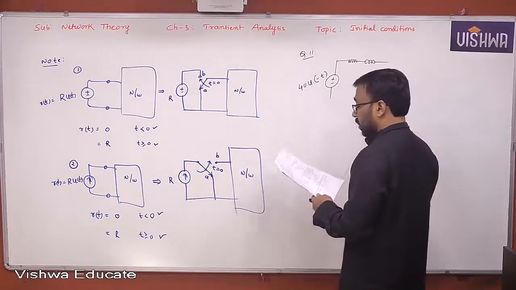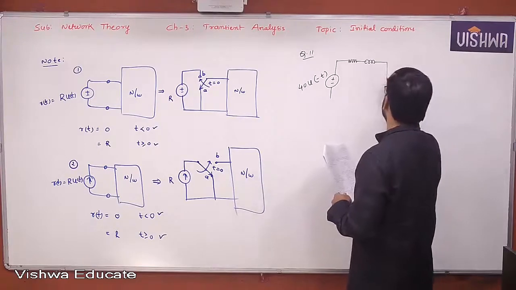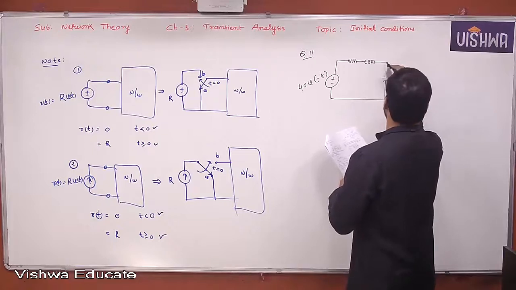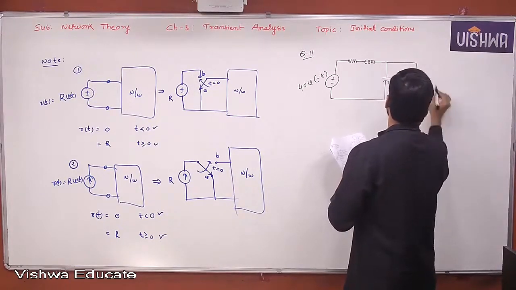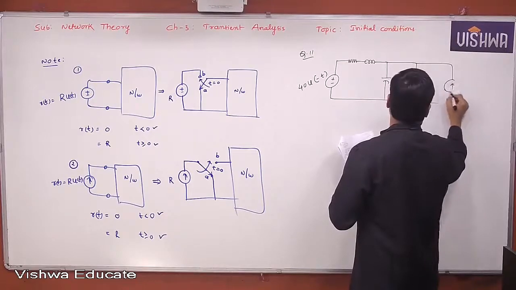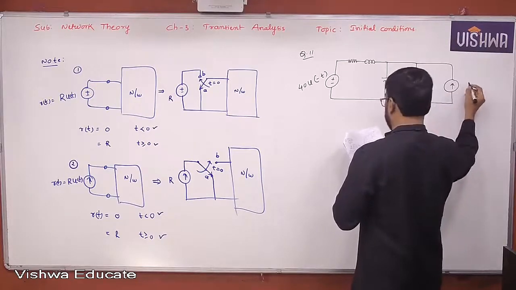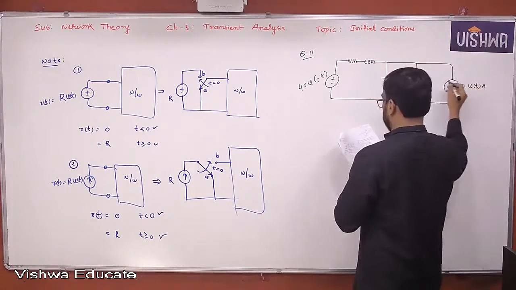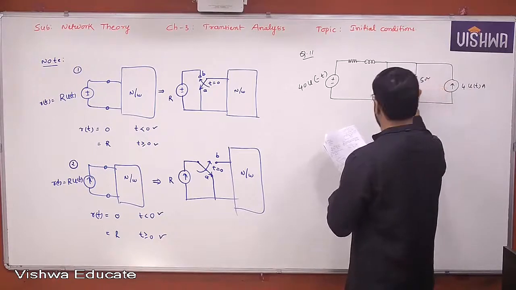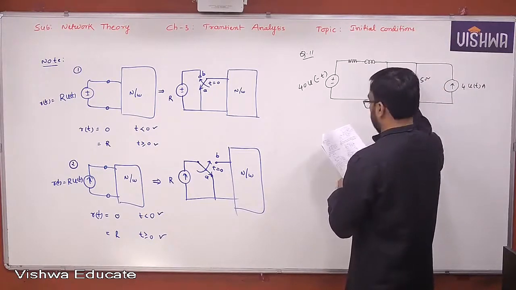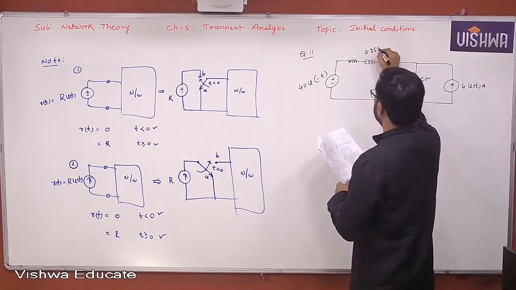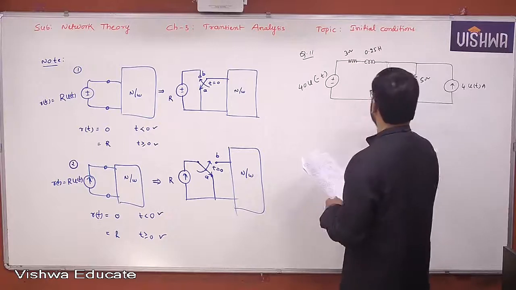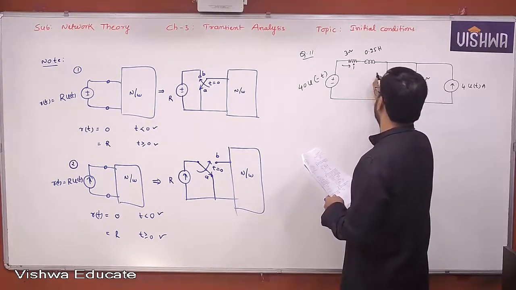After noting down that, you can go for question number 11. Let me draw the circuit here. This is I, this is V.